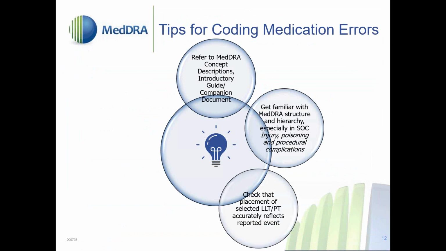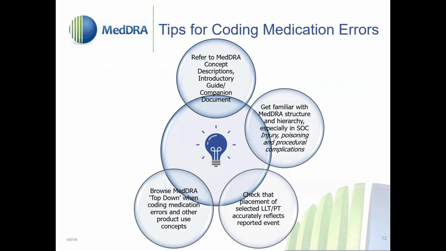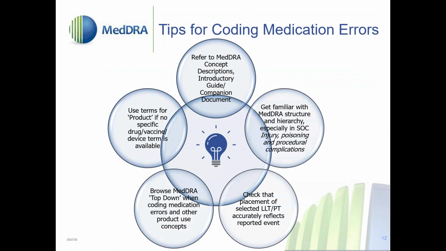Once you have found a potentially appropriate LLT and PT for the reported incident, check if the placement of the selected LLT and its corresponding PT accurately reflects the reported event. Always check the hierarchy. It is best to search the MedDRA hierarchy top-down when coding medication errors and other product use concepts, unless you are already very experienced in coding such incidents. And finally, if you can't find a specific term for either medicines, vaccines, or medical devices, look out for a product term that would be suitable for your coding task.